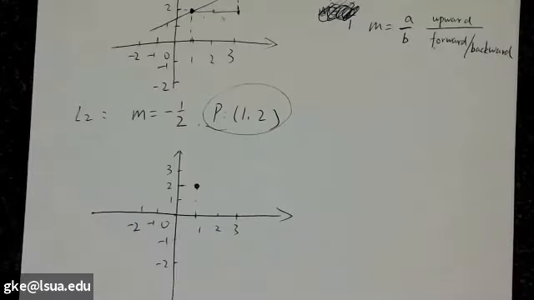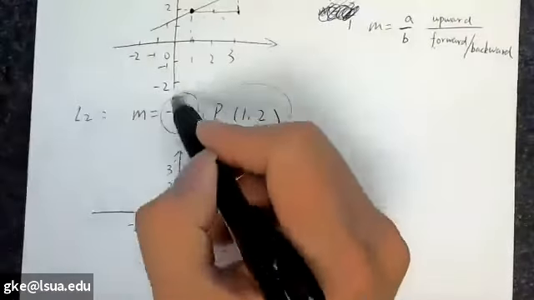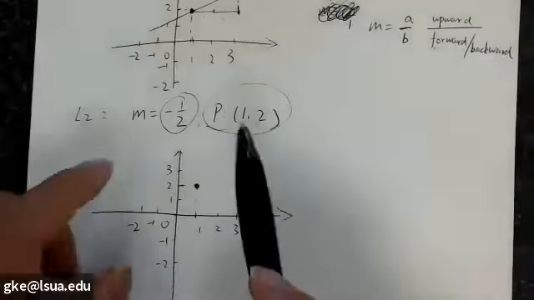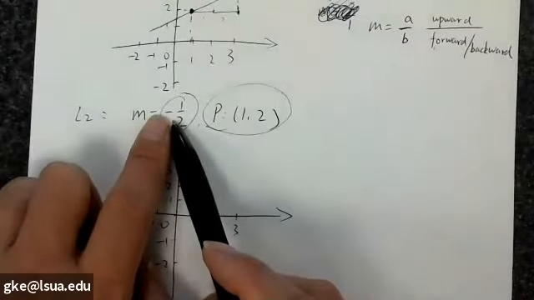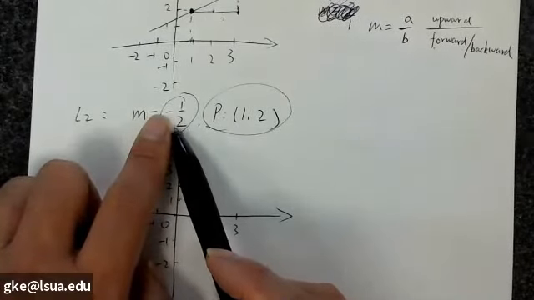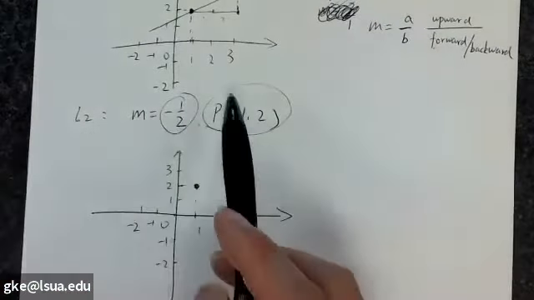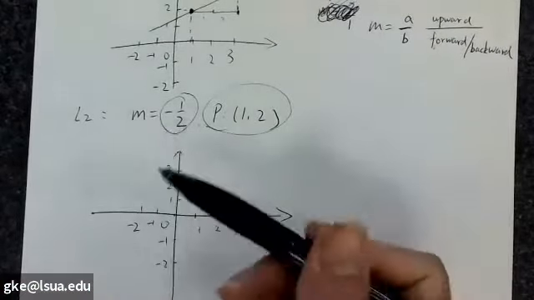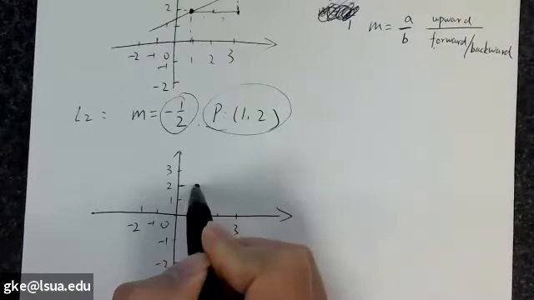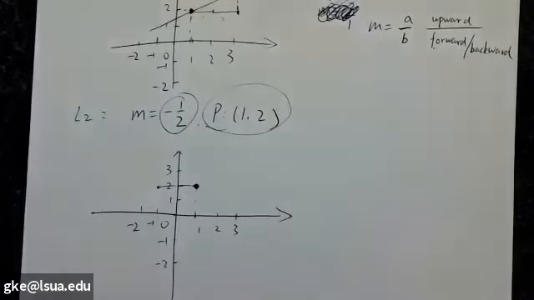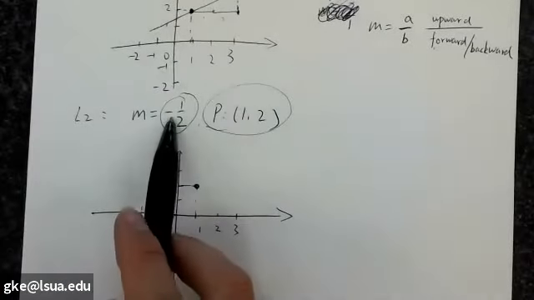And you can tell that this slope is negative. That means what? We move backward 2 steps or 2 units. Move 1, 2, backwards because here is a negative.